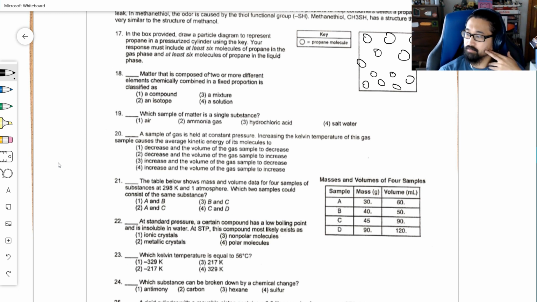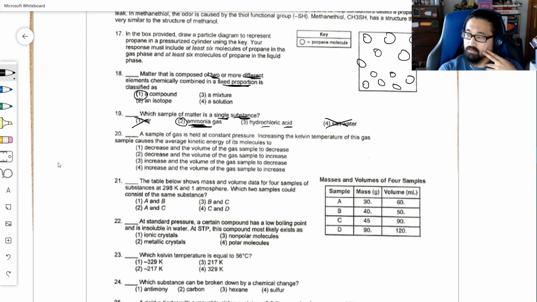Number 18. 2 or more different elements, fixed proportion. That's a compound. Right. Which one is a single substance? Well, we established that air is a mixture. Salt water is a mixture. This one was a little tricky, and it occurs to me, looking back at the question now, this may not have been the best question. But ammonia gas is a single substance because it is just ammonia.